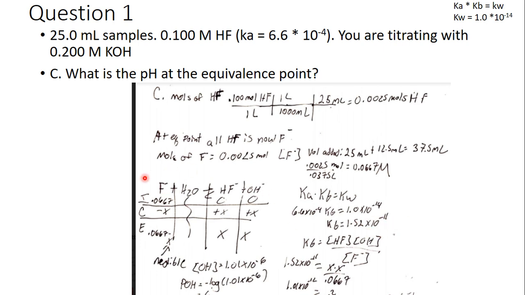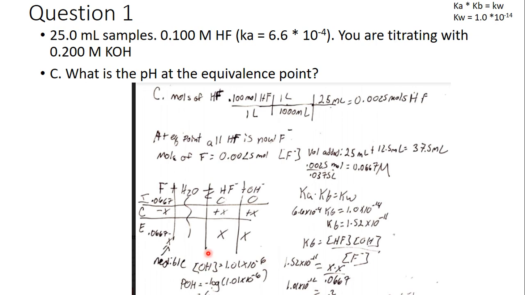From our equation, Kb equals HF multiplied by OH minus divided by F minus. Start filling in our values, and since Kb is so small, we know that minus x is negligible. So 1.52 times 10 to the minus 11 equals x times x divided by 0.0667, or 1.01 times 10 to the minus 12 equals x squared. When you take the square root, you'll find x is 1.01 times 10 to the minus 6.